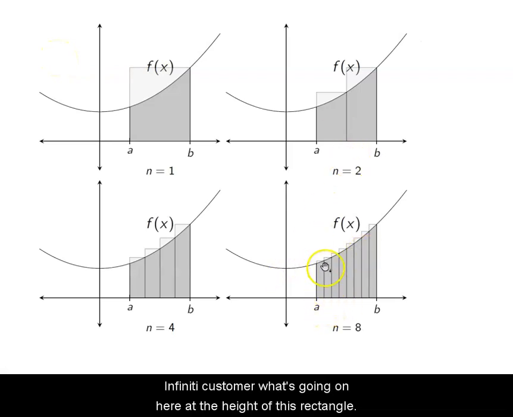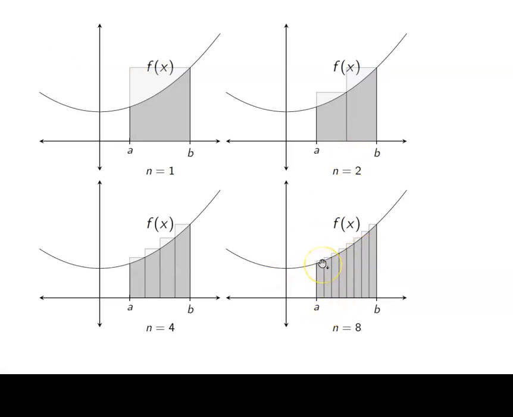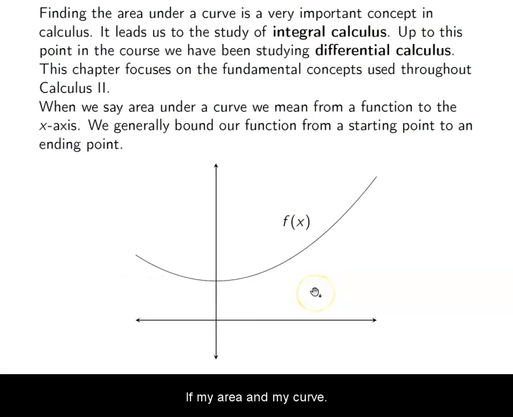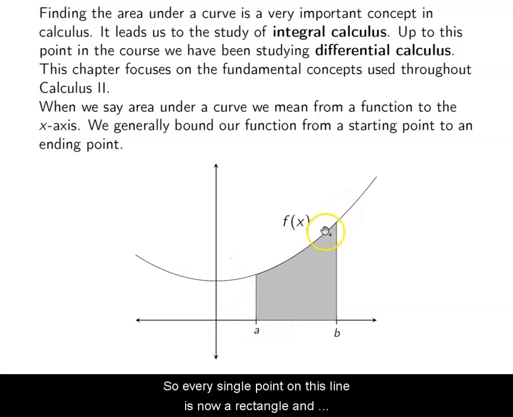So remember what's going on here. The height of this rectangle is given by my function. So if my area under my curve has infinite rectangles, so at every single point on this line is now a rectangle, n goes to infinity, that is exactly the area under my curve.